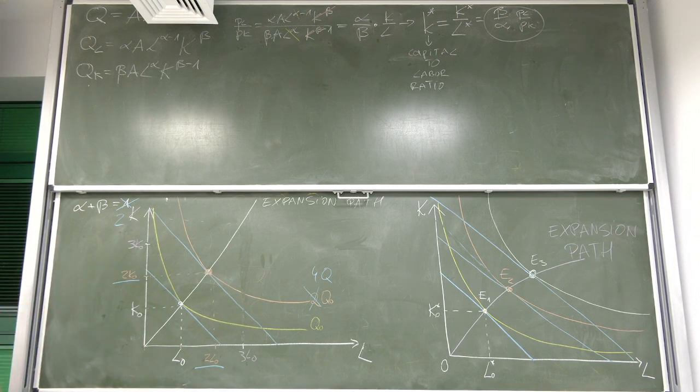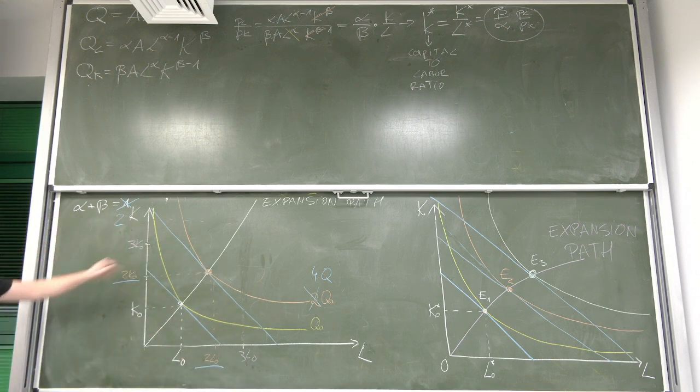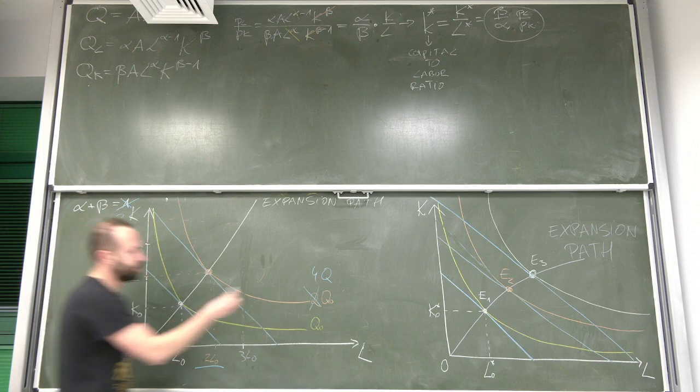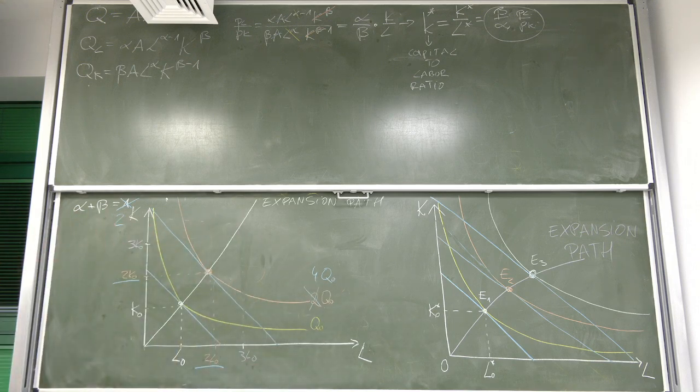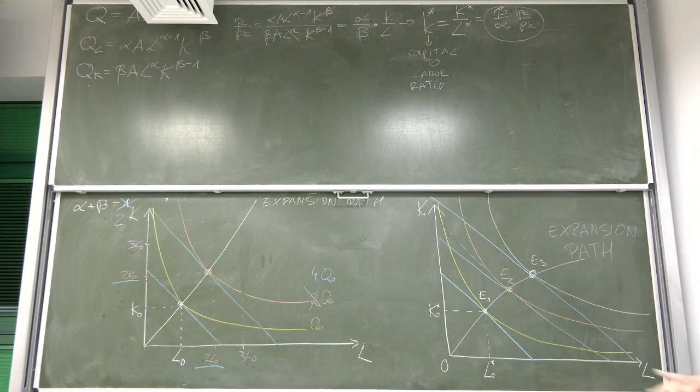Then, if I would, of course, use 3 units of labor and 3 units of capital, I would get 9 times my original output. Okay, and look, this is another reason why Cobb Douglas production function is so vastly used in economics. Okay, this is it about the expansion path.